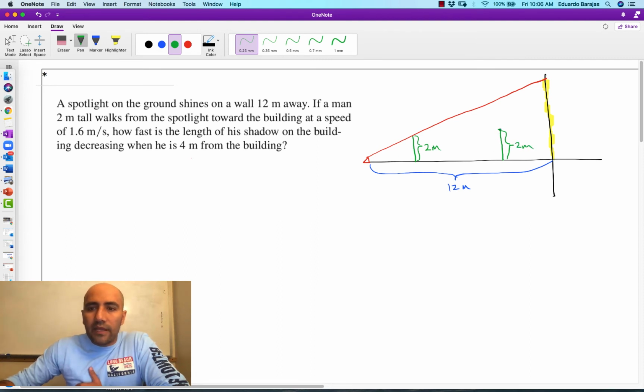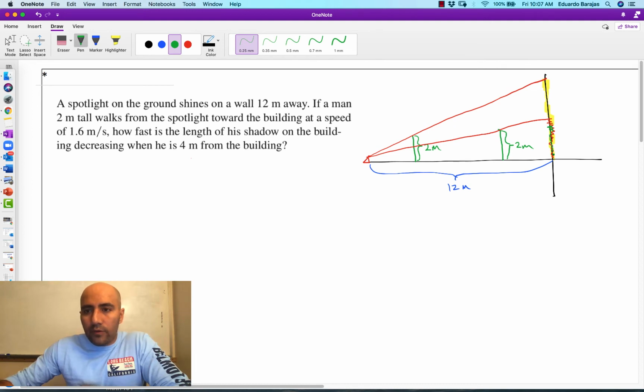But at this point, the light would go from there and connect to the top of his head, and go there. So at this later point, when he's closer to the wall, the shadow would be smaller. So we can see that the shadow is going to be decreasing as the man walks closer and closer to the wall. Eventually, if he keeps going, he'll walk right up to the wall.